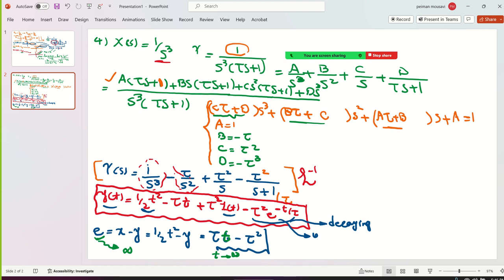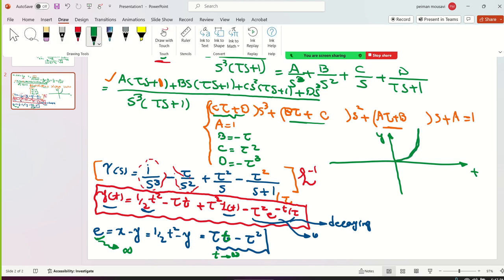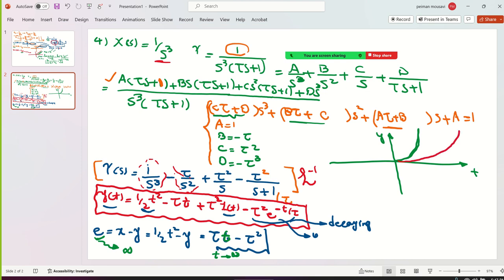Being said, if I want to plot it, I know I'm going to go to MATLAB and Simulink eventually. So if this is y, this is t. If this is the input to the system, parabolic, you're going to have this, the output, going to be this. See? Is error signal increasing with time?